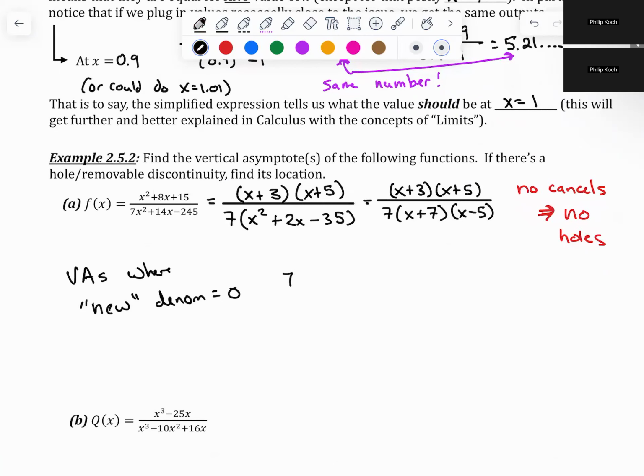And so 7 times x plus 7 times x minus 5 equals 0. That gives me x equals -7 and 5 as the answers. 0 is not one of them because that's not a 7x. That's just a 7. So by the zero product rule, either 7 equals 0, which is ridiculous, or x plus 7 is equal to 0. That gives me the -7, or x minus 5 is equal to 0. That's where I get the 5. Good. Those are my VAs.